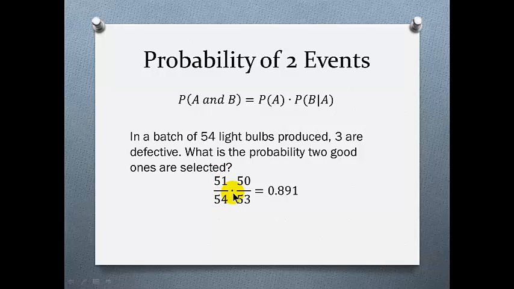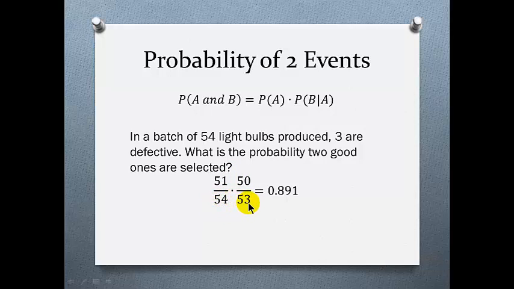Once I test one good one, now the situation has changed because now there are only 50 good bulbs left. There were 51. We took one out and tested it. Now there's only 50 good ones left. Our total has also changed because there were 54 bulbs. Now there's one less.